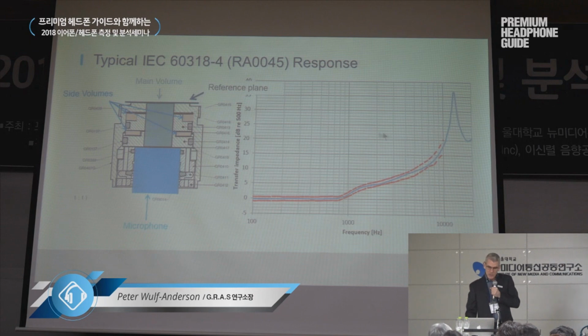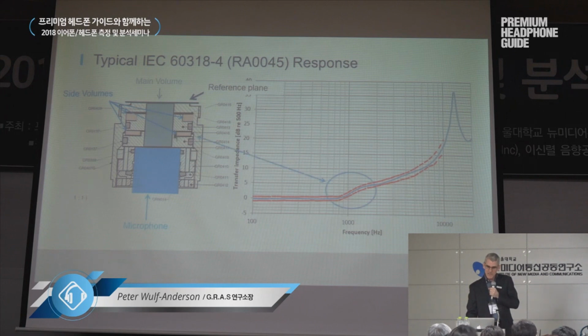The way we measure this response, we see over here on the right, is by placing a sound source here at the reference plane, and then record with the built-in microphone here, you could say, simulating the eardrum.